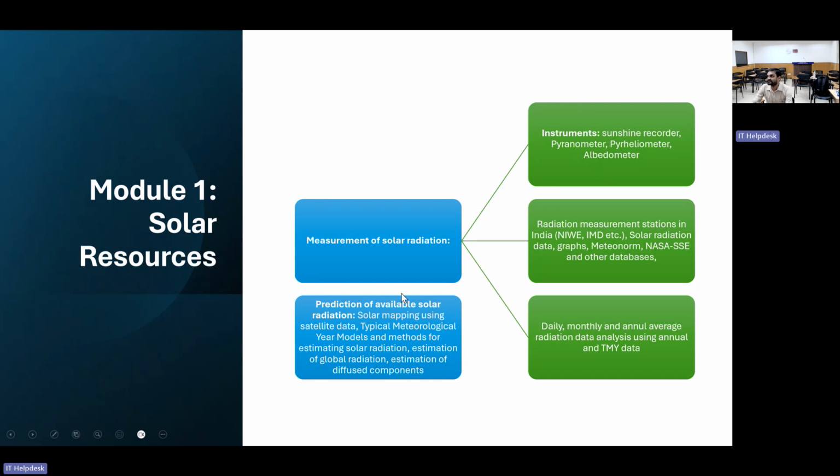Then we will study the radiation measurement stations in India, like IMD, and solar radiation data, how it is collected, how it is distributed, and how it is analyzed, and the related graphs and other databases. Then we will also study the daily, monthly, and annual average radiation data, which is used for the analysis to set up any solar related projects.